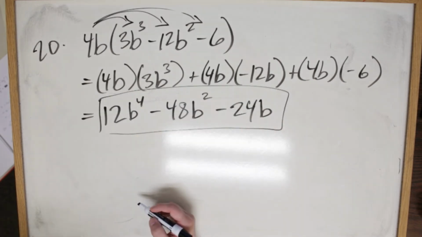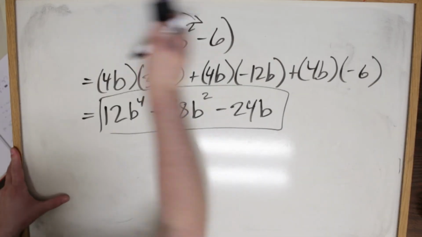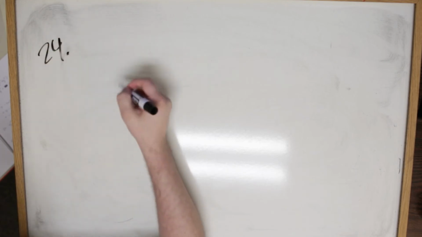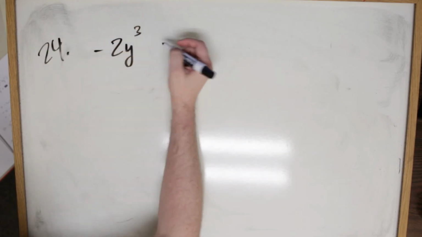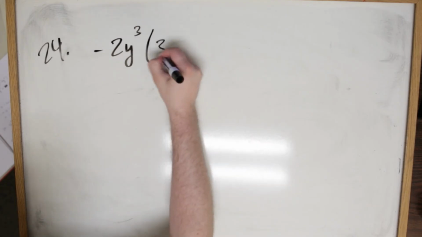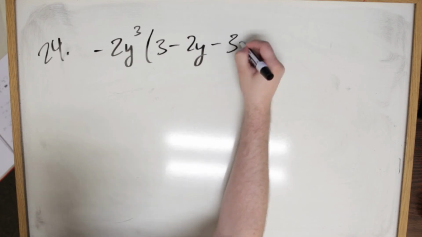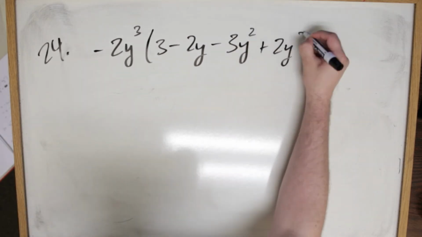I think I'm going to need some space on this next one, so I'm going to go ahead and erase this. All right, 24 minus 2y to the third times 3 minus 2y minus 3y squared plus 2y to the third.